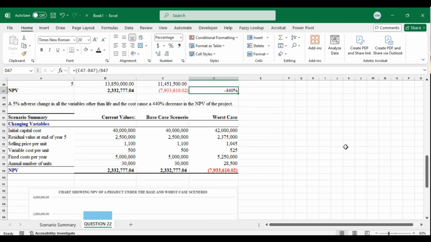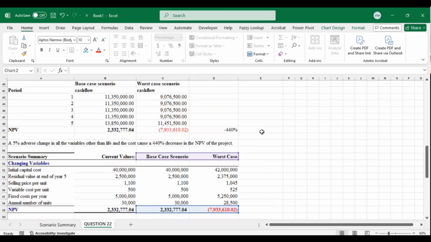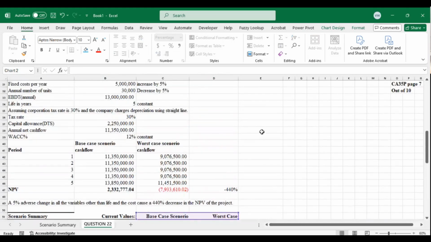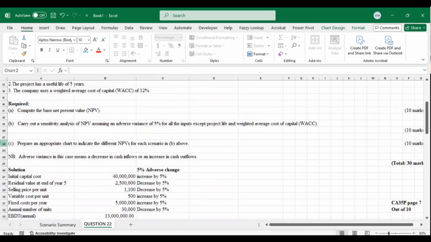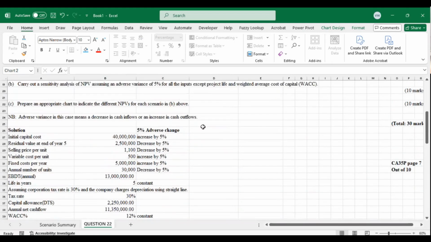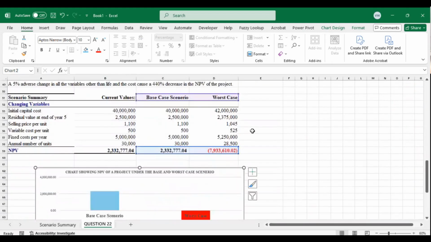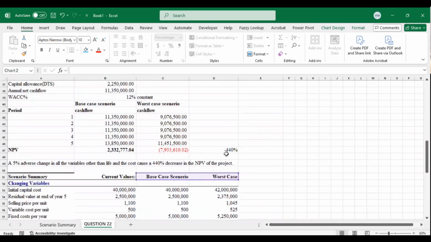You can try out the question and see whether you're able to get the same. In case you have any difficulty, just let me know and I'll take you through, because the question was to prepare an appropriate chart to indicate the different NPVs for each scenario in B above. I think that is the best we've done. That one is okay.